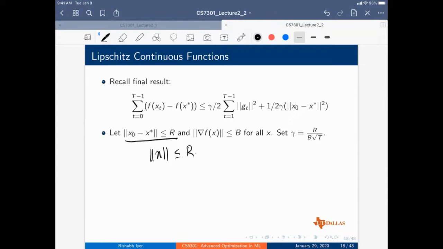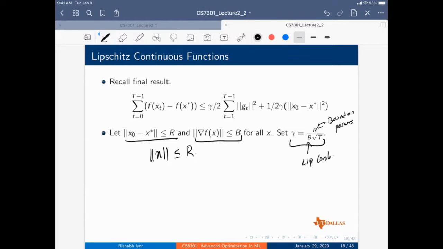So you can assume without loss of generality that your x is bounded. And then we also assume that the gradient of f is bounded, right? Again, this is something that can be shown for most loss functions. So then we set gamma to be r divided by b times square root t, right? So r is this bound on parameters, and b is the Lipschitz continuity.